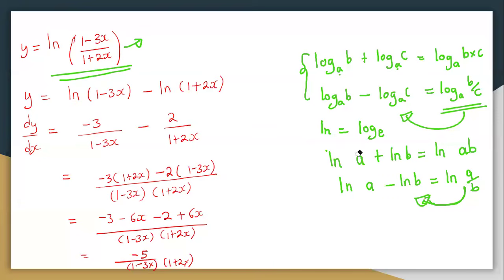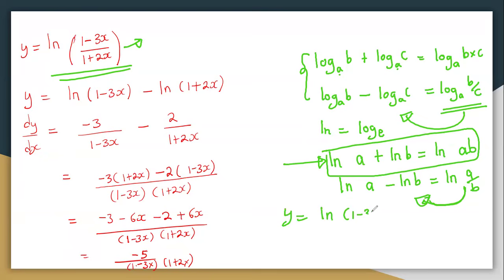Okay, so when you say that y is equal to ln of (1 minus 3x)(1 plus 2x)^-1, in case you are decomposing it, then you write ln of (1 minus 3x) plus ln of (1 plus 2x), everything power -1.